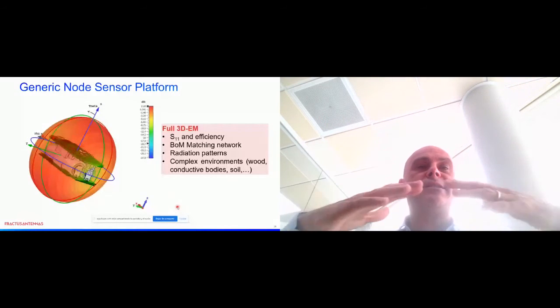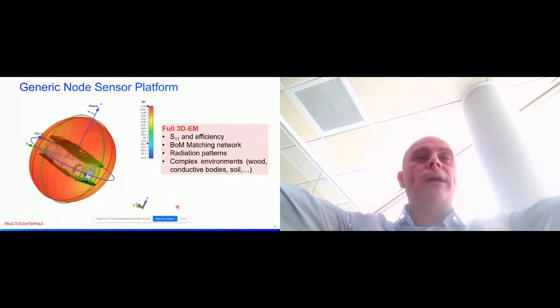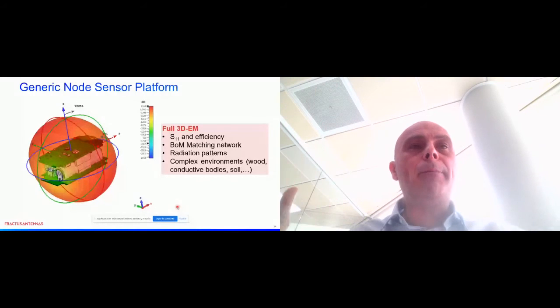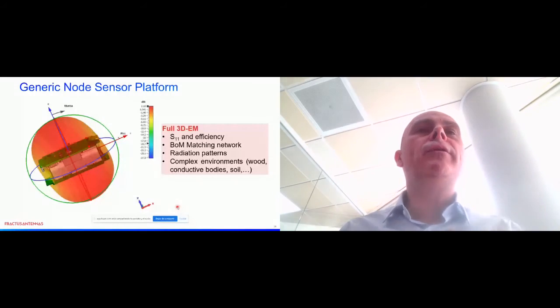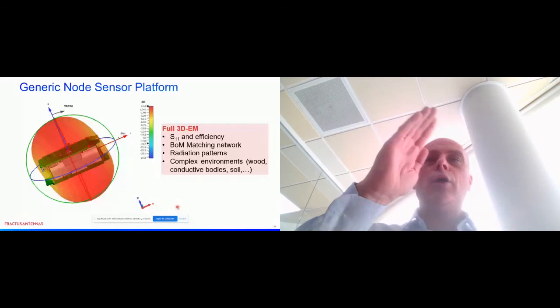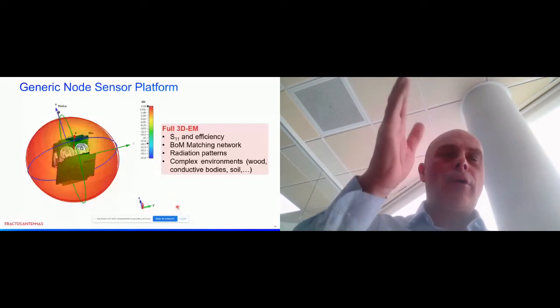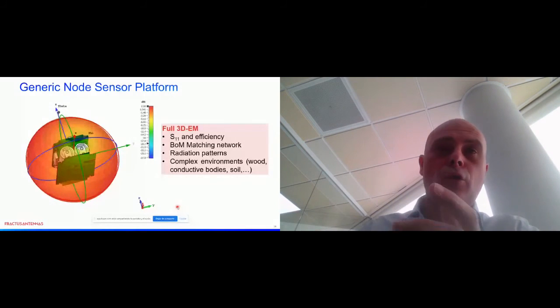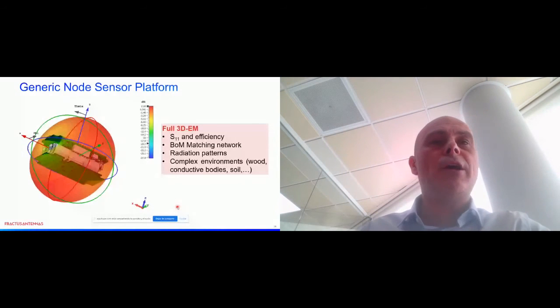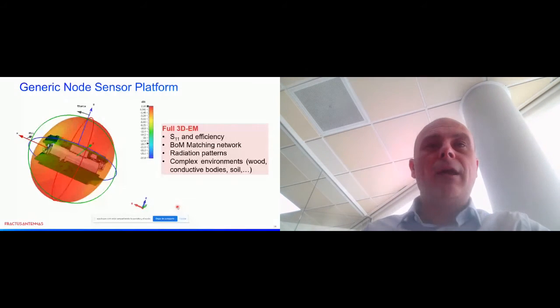It means that we can send data into the cloud and receive from the gateway from any direction, so we don't need to worry about how to place the device. It's good to estimate this either with simulation or by measuring the radiation patterns.